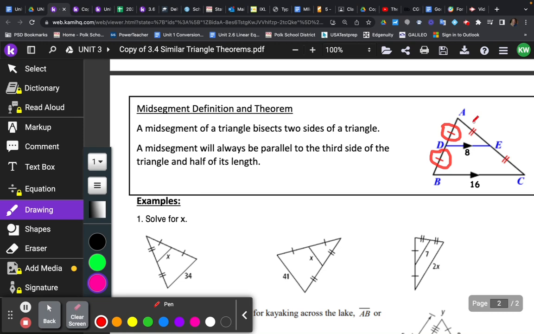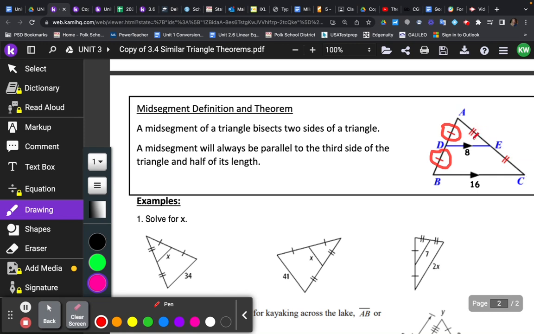Also note that that means that D is actually the midpoint from A all the way to B, just a little bit more vocabulary. But that is because the length of DA and the length of DB are equal or congruent to one another. Now, the same thing is happening between A to C.